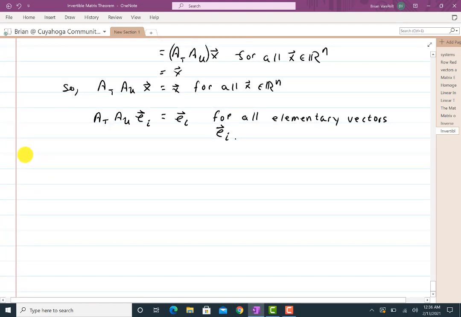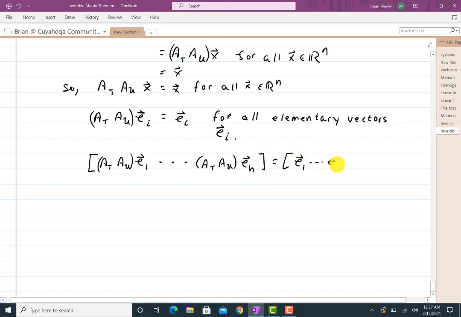Well, what I can do then is create a matrix here: A_T A_U e1, dot, dot, dot, A_T A_U en. And of course, that equals e1, dot, dot, dot, up to en.